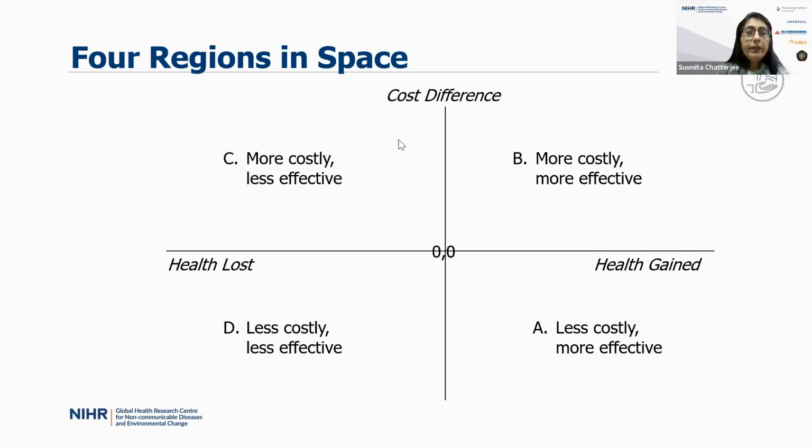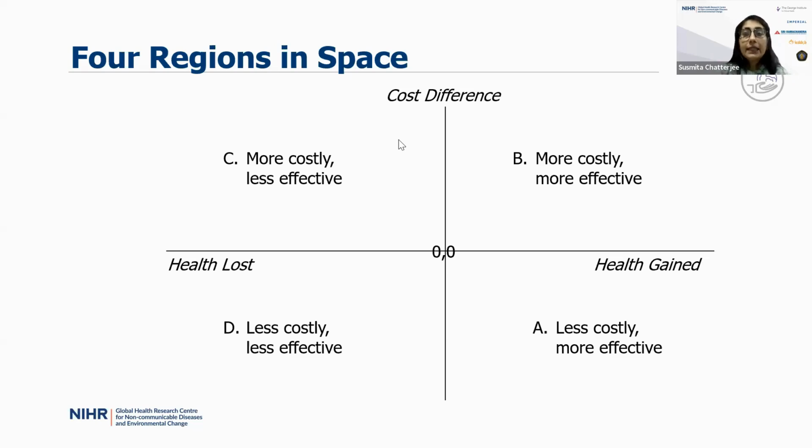So whenever you have three, four, whatever number of interventions, you find the cost of each of these interventions and the effect of each of these interventions. Now you can put them anywhere here, right? You can plot cost versus effectiveness in this graph. And in this graph, you can imagine that you can have all these four options. It can be that the new intervention is more costly but more effective.